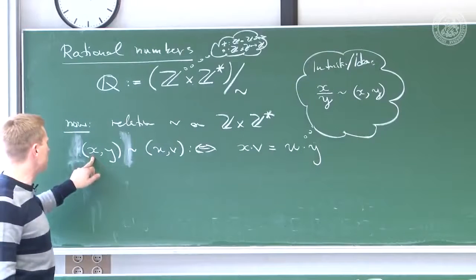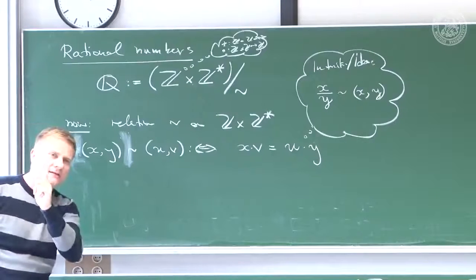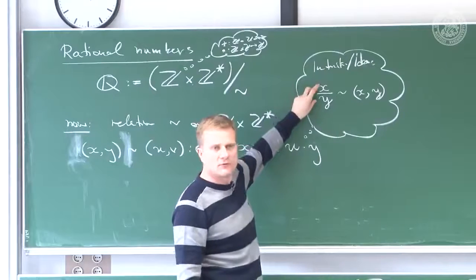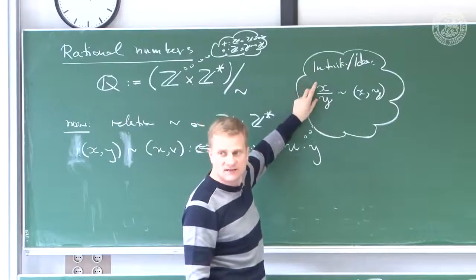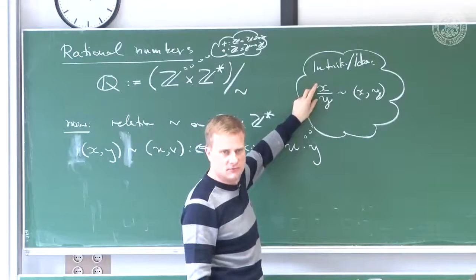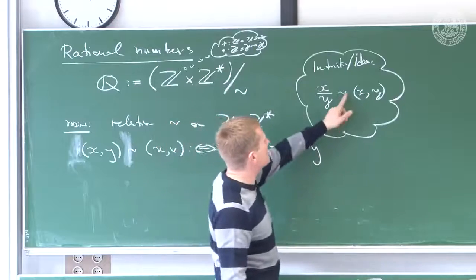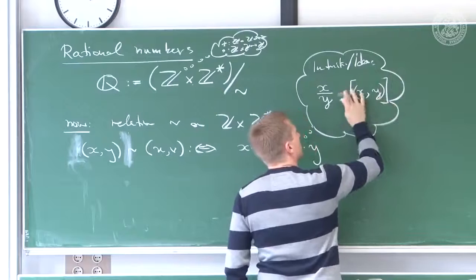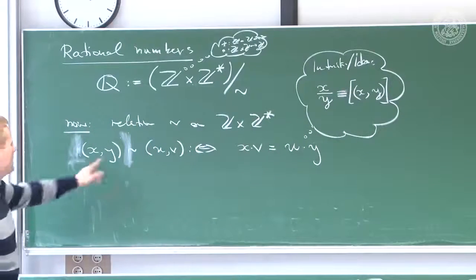So this is numerator, denominator. But wait, that's not quite true, because the fraction 2 over 3 is the same as the fraction 4 over 6, because you can cancel common factors. So it's supposed to be identified not with the pair, but with the equivalence class of x, y with respect to this.